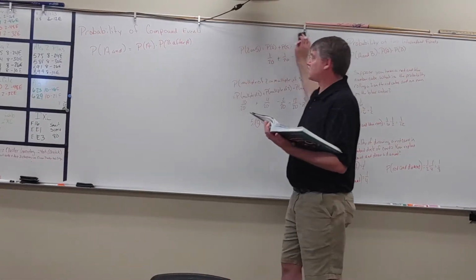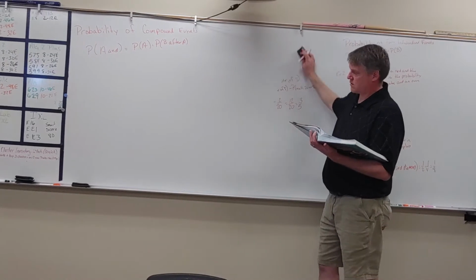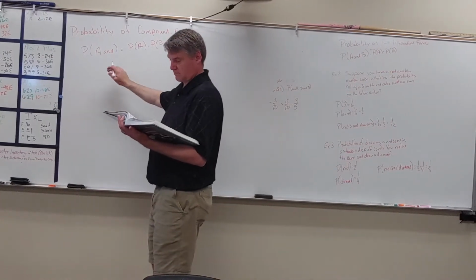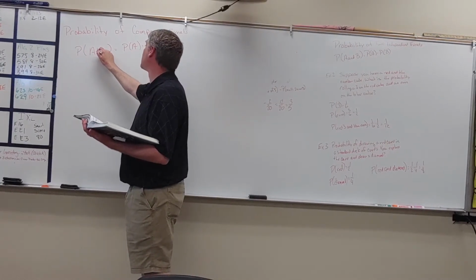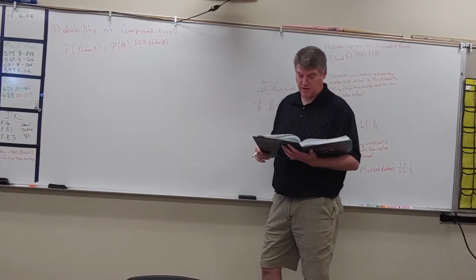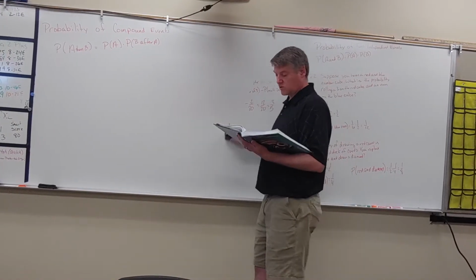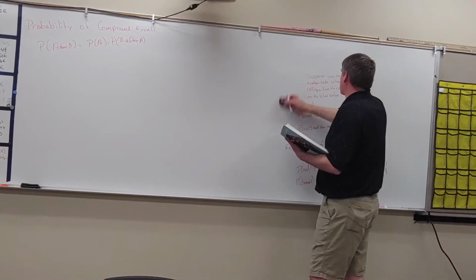So we have this unique probability here. Oops, this is not and, this is then. So probability of A, then the probability of B. Okay? So we're going to look at an example of this.